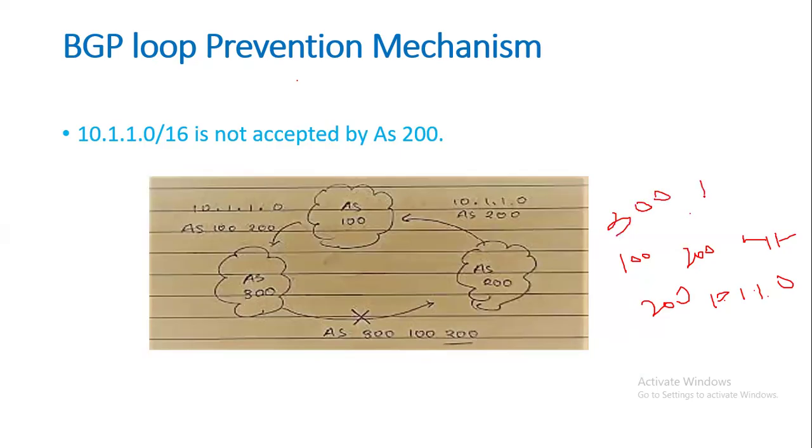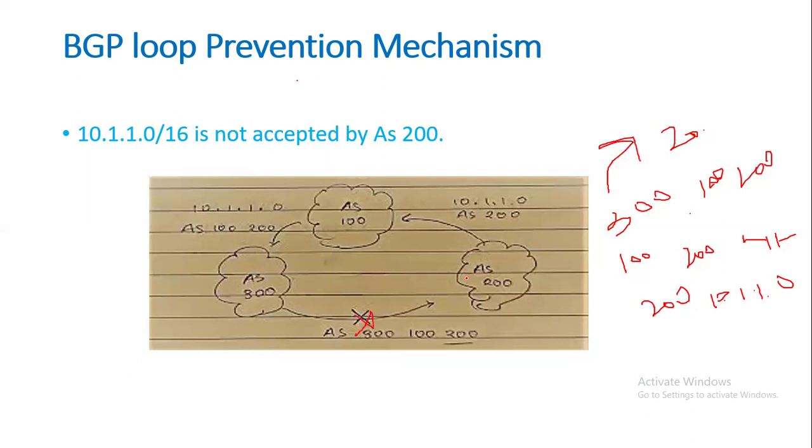It came from AS number 100 and 200 as well, right? Now, what is happening when it comes to 300? If 300 is passing to 200, it is not accepting. That's what this cross means.